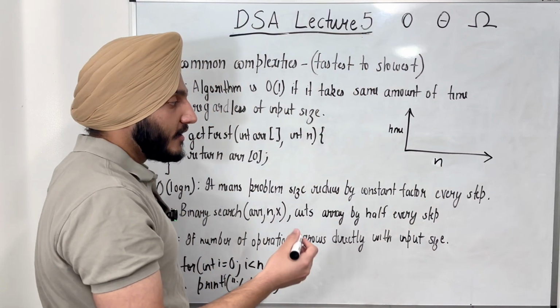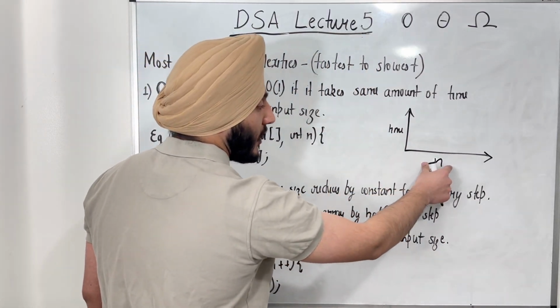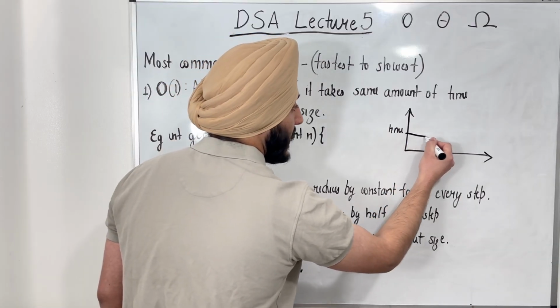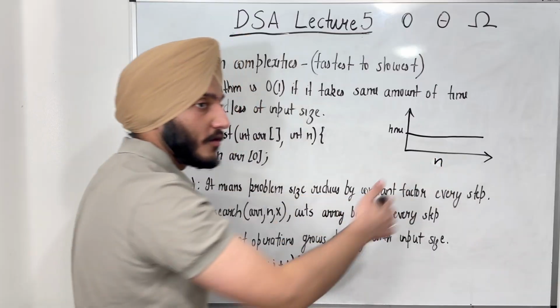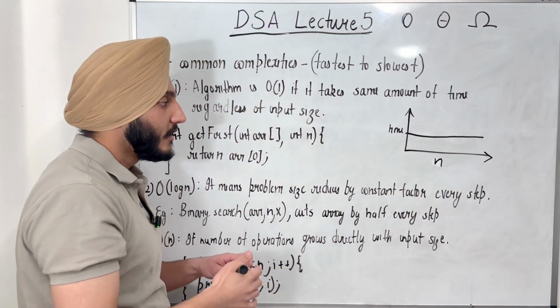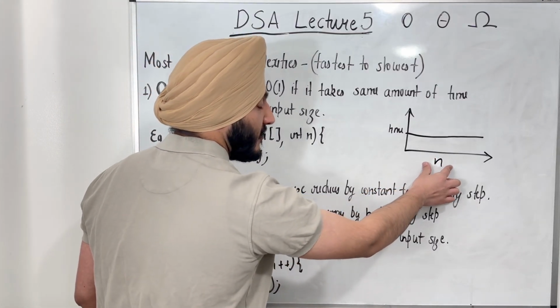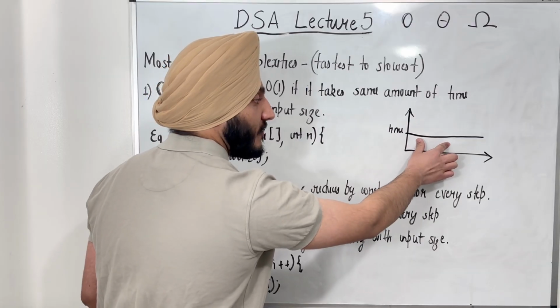As long as my n is increasing, the time wouldn't increase with it. It's going to stay constant. Doesn't matter how n increases, the amount of time will be a constant number.